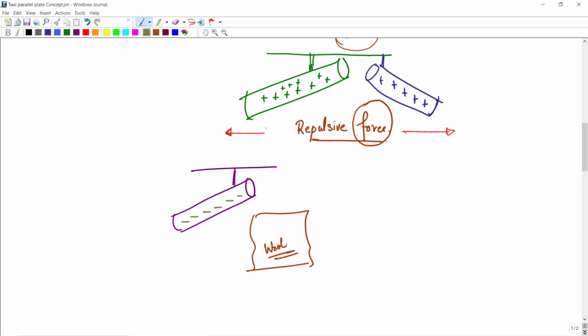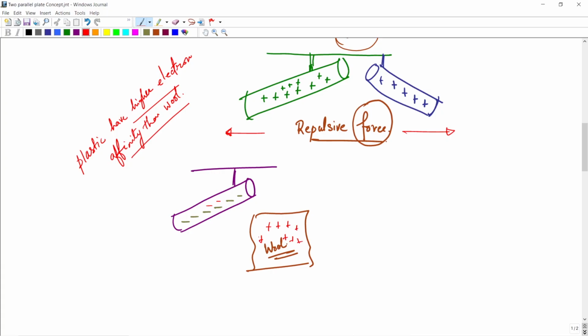So the plastic has all negative and the woolen cloth has all positive.